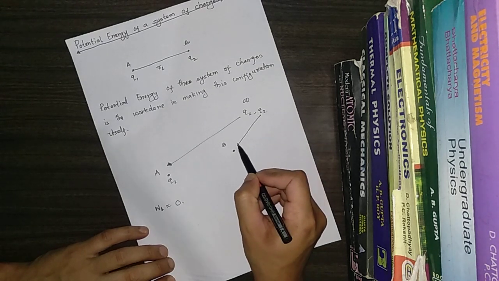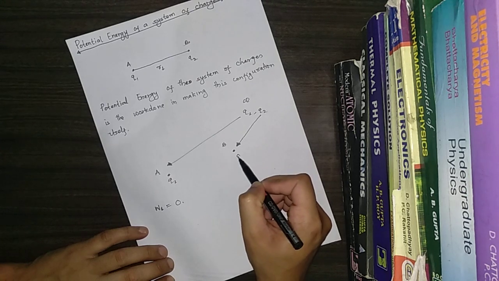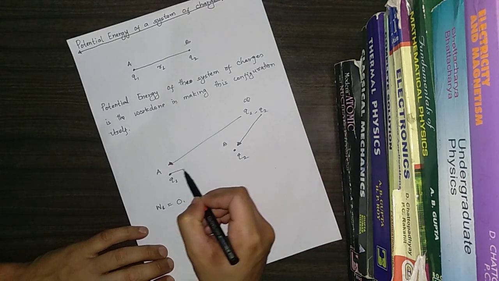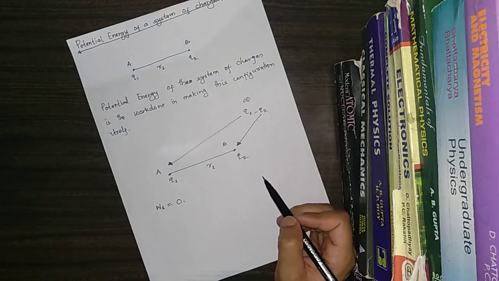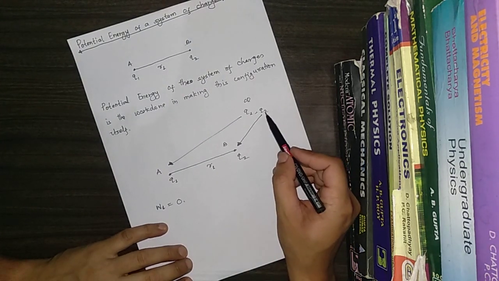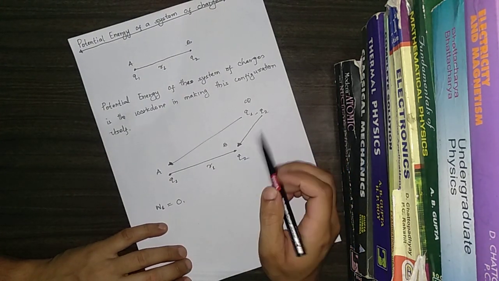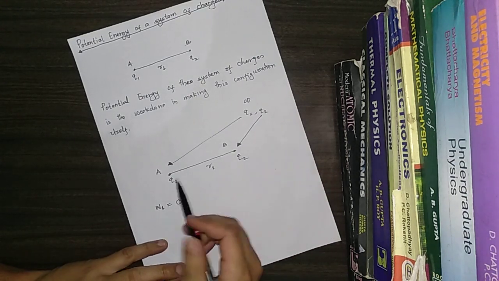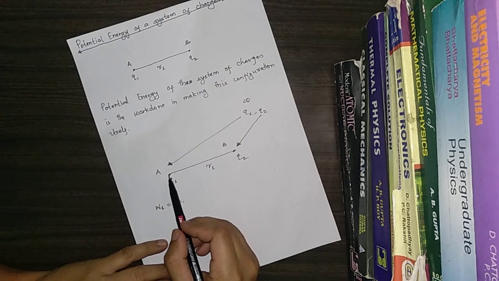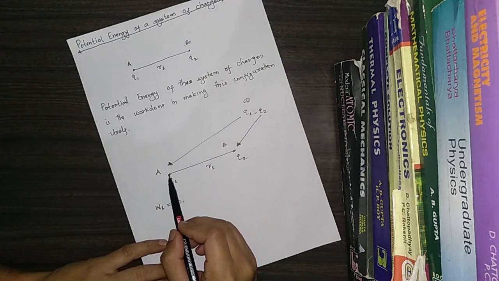Now if you bring charge Q2 to position B, which is at a distance of R1 from position A, then you need to do some work in this case, because this charge Q2 is influenced by charge Q1.